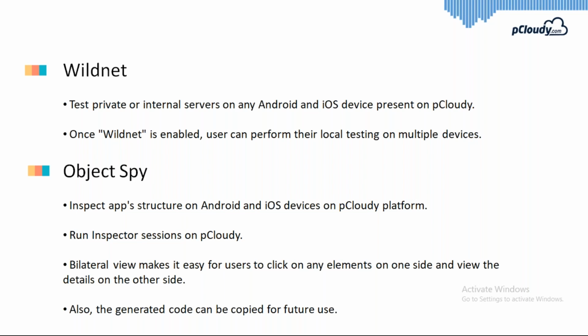So when you try to connect the application to the server, it will fail. So how do you test such scenarios using pCloudy? Because if you're using pCloudy's public cloud or private cloud, the devices are kept outside your network. Wildnet is the feature which will help you to perform these activities.